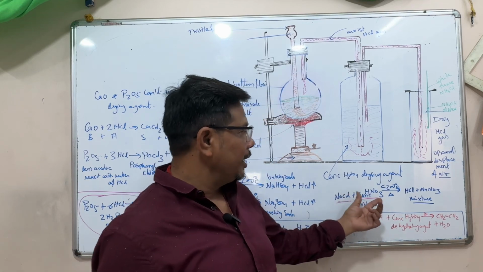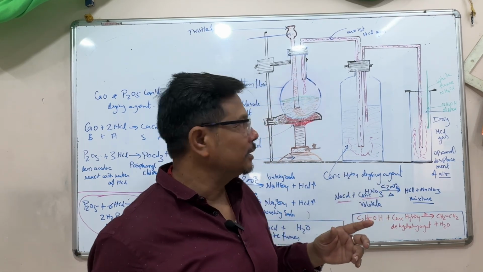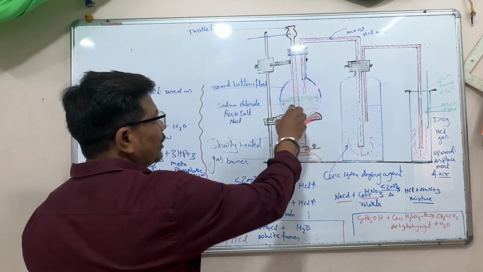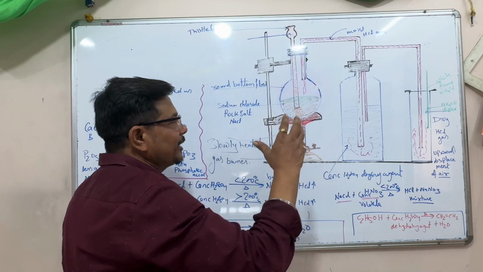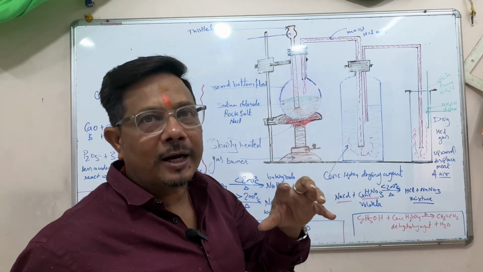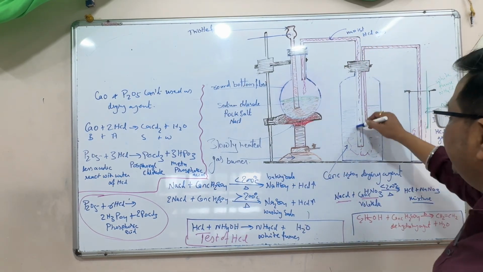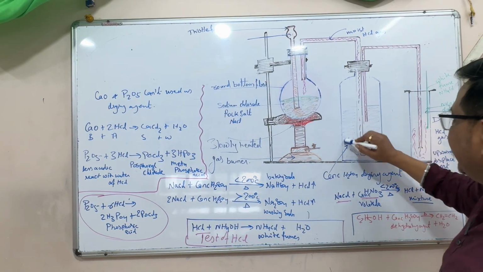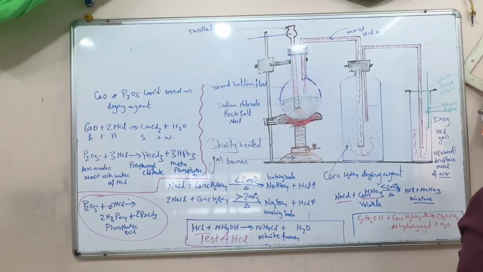Now here sulfuric acid is used as a drying agent. When we get HCl, it is moist, meaning it has water content, and this moist HCl is passed in here, and we want to dry it, so we pass it through the sulfuric acid.